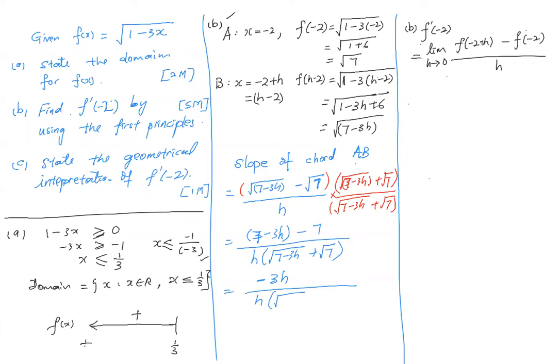So just take your time to write down slowly. Okay, h cannot be 0, so you can cancel off the h. After you have finished that, you have to write down f prime -2 is equal to the limit as h tends towards 0. You can either write down slope of the chord AB, or you can write down this term.